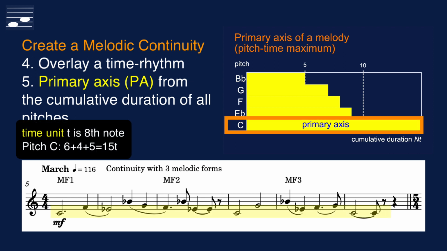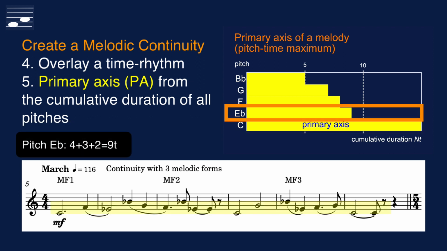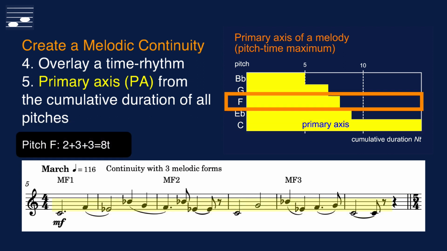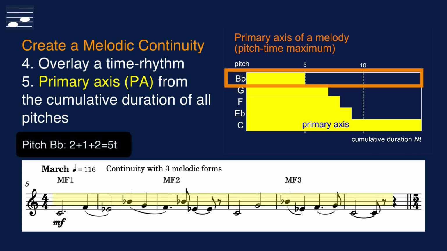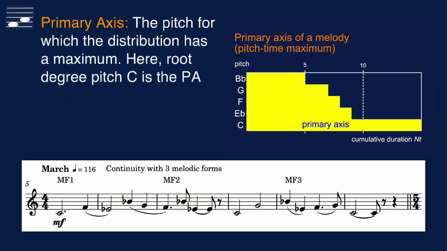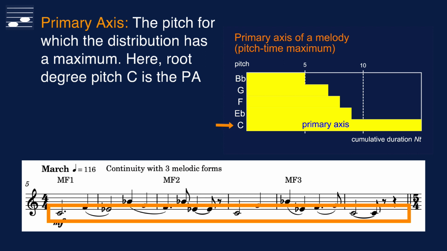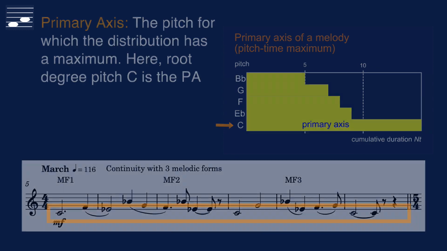Start with the cumulative duration of the lowest pitch unit in the scale, here the root degree C. The time unit is the 8th note, and we find a total of 15T for this pitch, shown as a bar in the diagram. Repeat the process for the other 4 pitches in the pentatonic scale, starting with E flat and stopping at the highest pitch B flat. The distribution pattern has a maximum for C, so the root degree also is the primary axis of this musical theme.